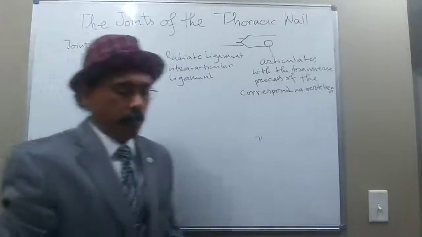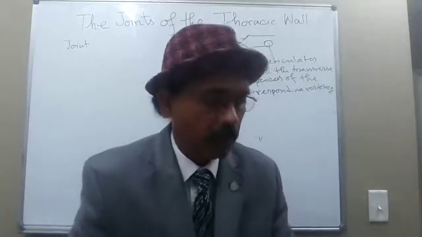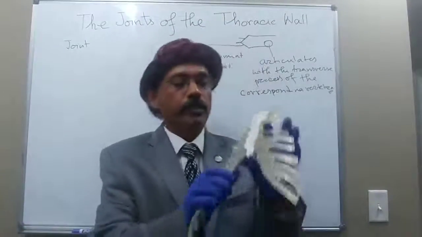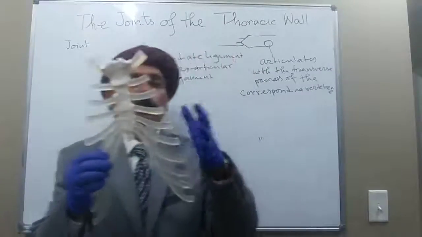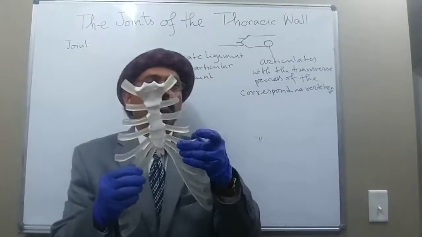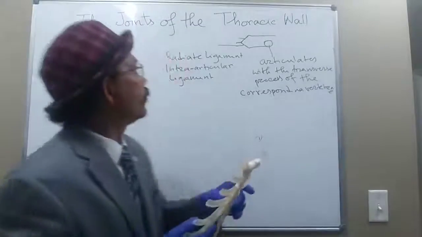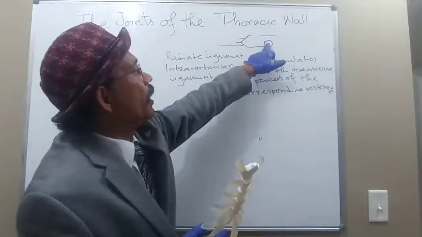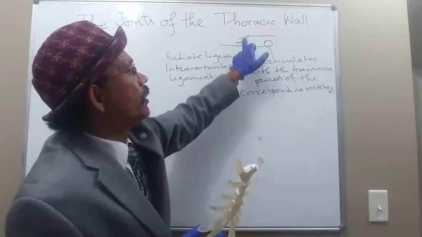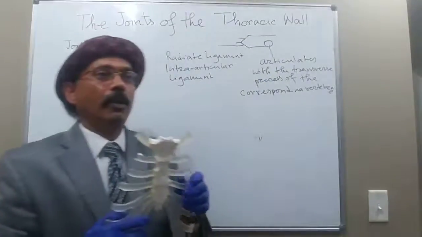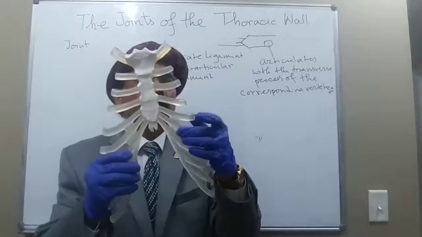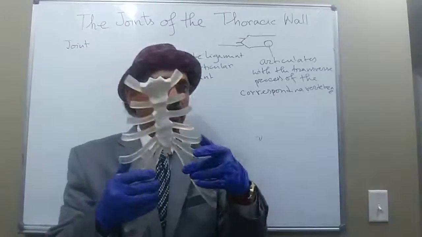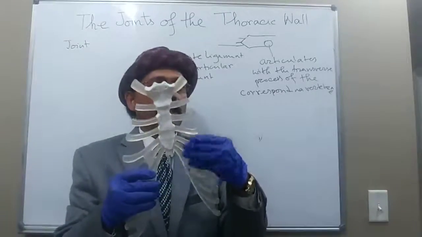Then we have to remember that we also have the interchondral joints between the costal cartilages. These are plain synovial joints. We have interchondral joints between the 5th, 6th, 7th, 8th and 9th costal cartilages.